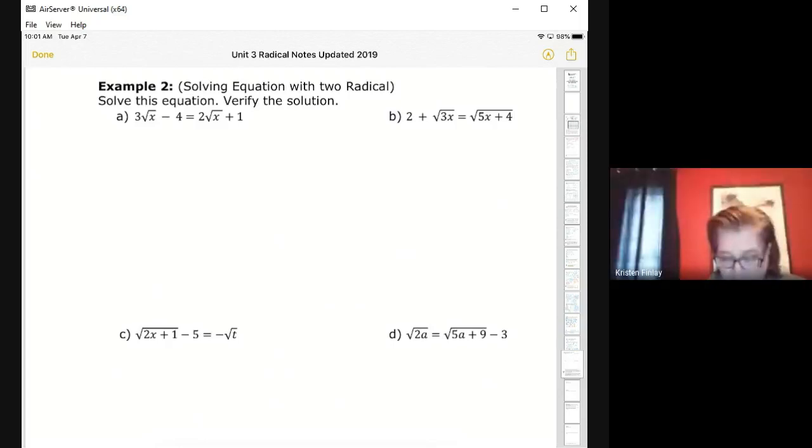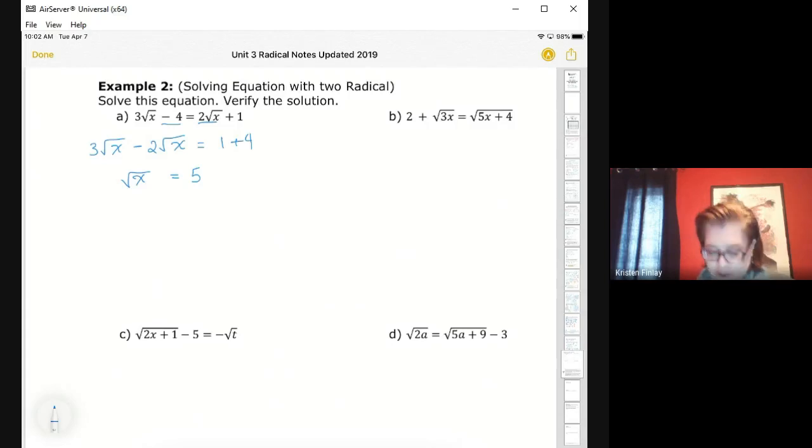So to do that, I'm going to have 3 root x, and I'm going to move this 2 root x over by subtracting it. And then I have 1 left here, and I'm going to move this minus 4 over by adding it. Okay, so 3 root x minus 2 root x is just root x, and 1 plus 4 equals 5.